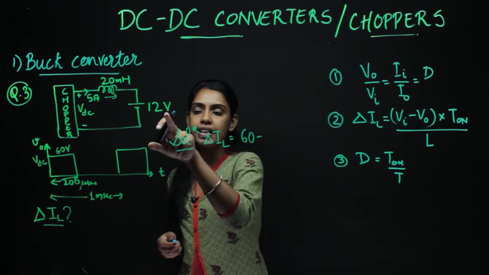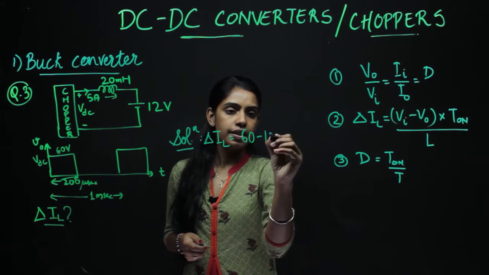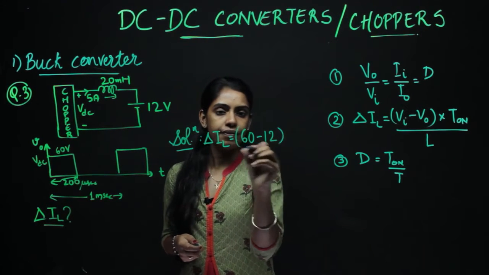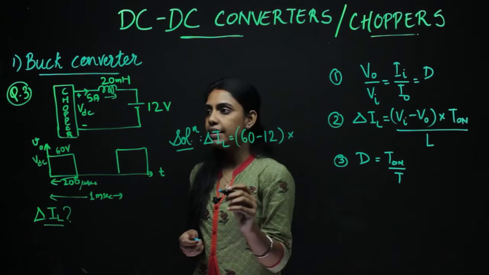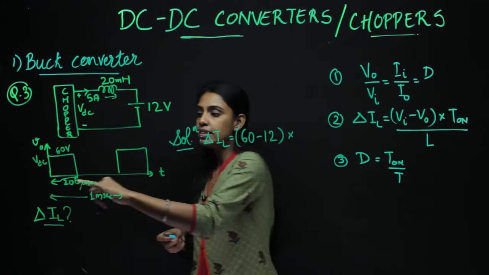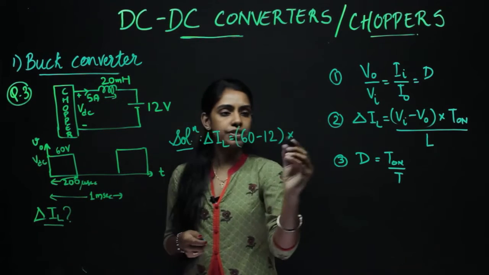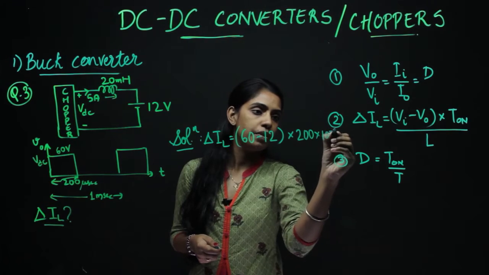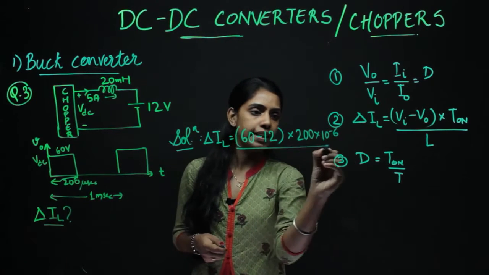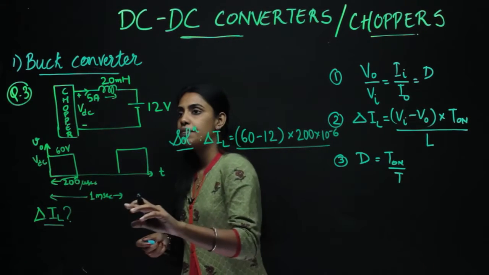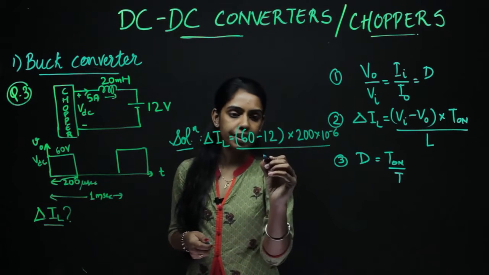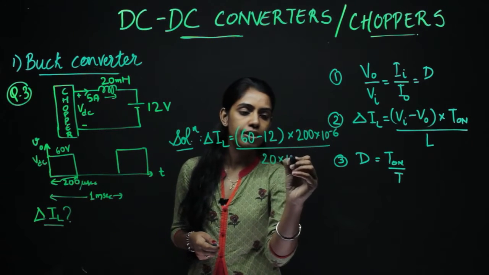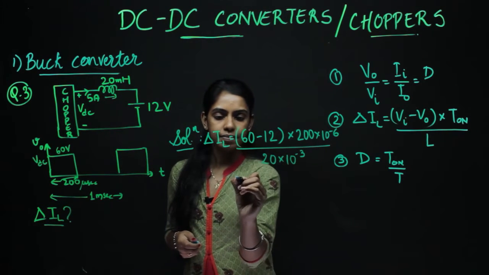VO they have shown here as 12, multiplied by T on. T on is from here 200 microseconds, 200 into 10 to the power minus 6 divided by L. L is 20 millihenry. So 20 into 10 to the power minus 3.